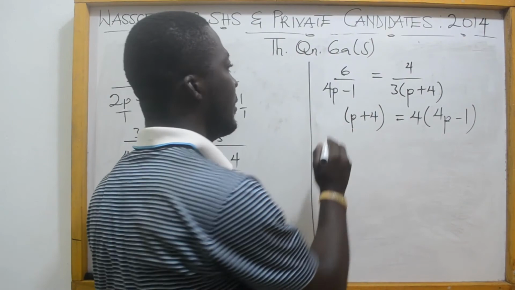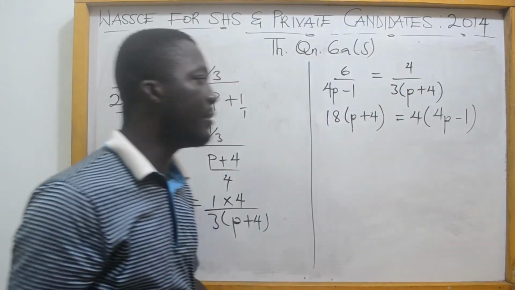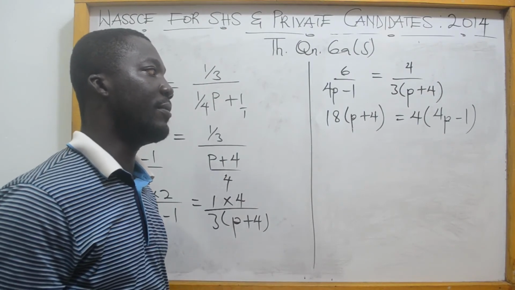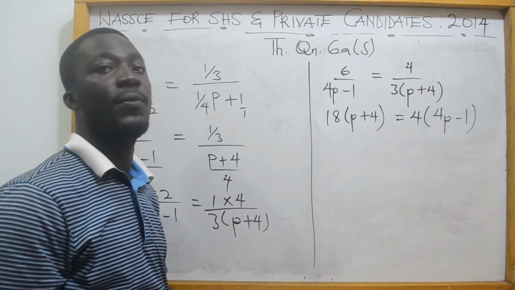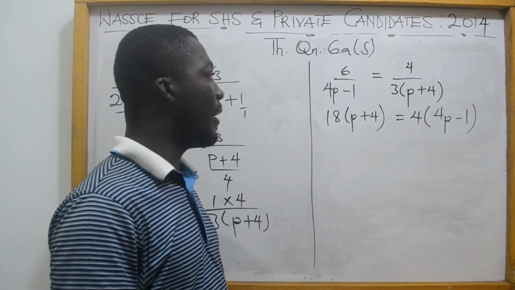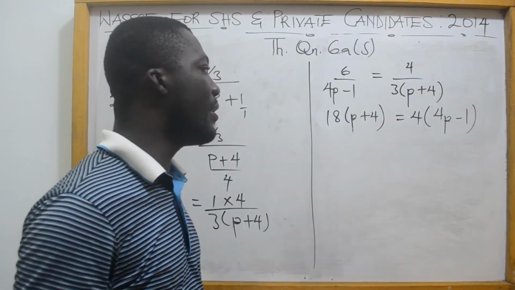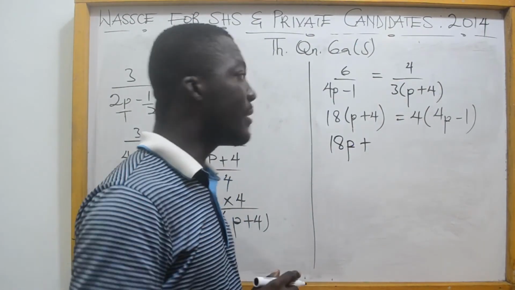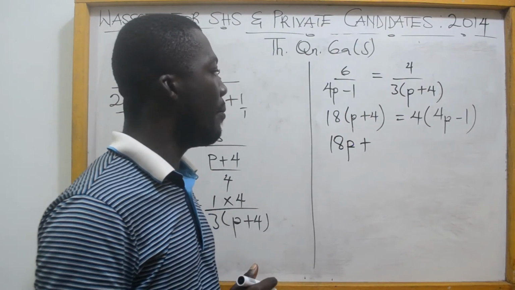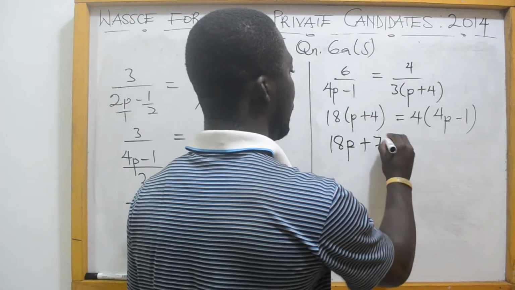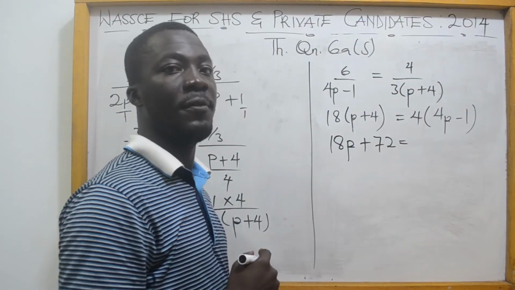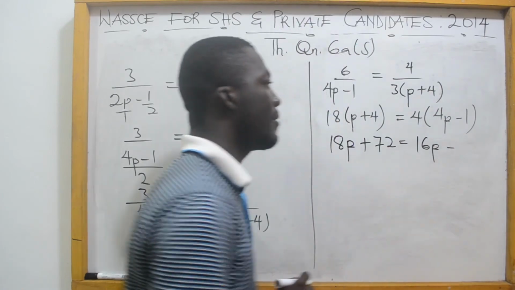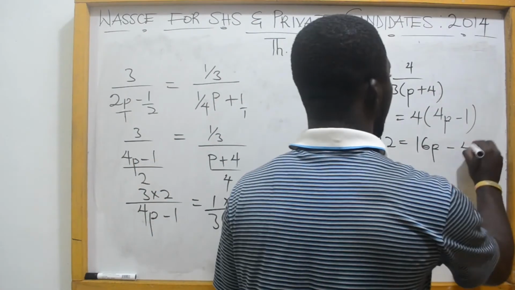So let's try the 18 there. 18 into bracket p plus 4, which is equal to 4 into bracket 4p minus 1. Now, 18 times p is 18p plus 18 times 4 is 72, which is equal to 4 times 4p is 16p minus 4 times 1 is 4.